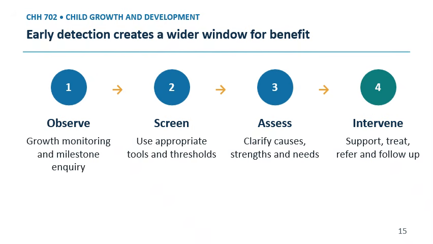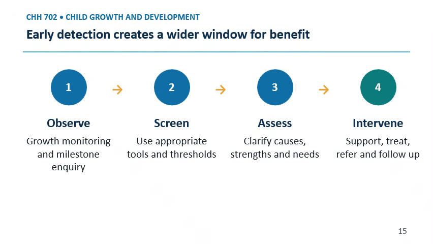Intervention should be linked to what the assessment shows. It may include feeding support, treatment of illness, hearing assessment, developmental stimulation, therapy, caregiver coaching, social support, or referral. Follow-up is essential because we need to know whether the child is improving and whether the family can access the recommended service.